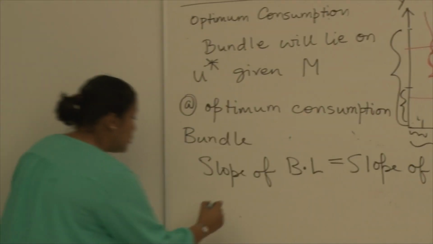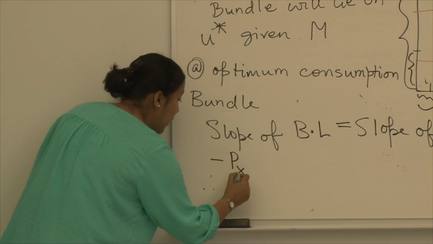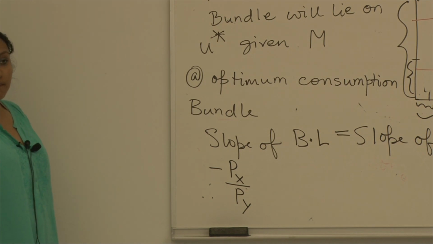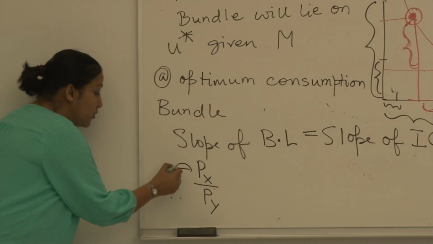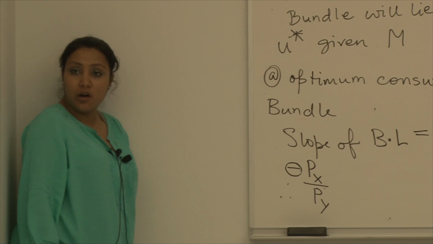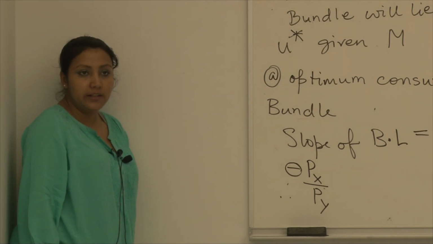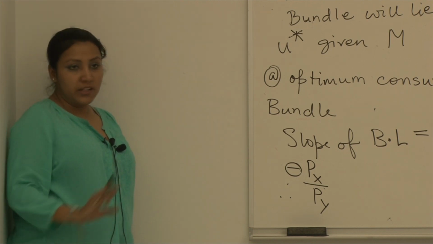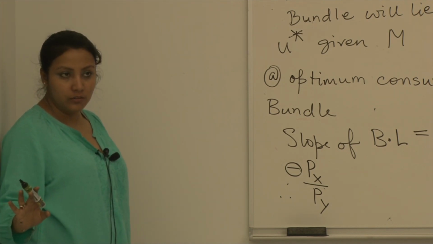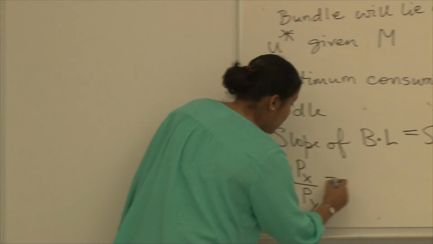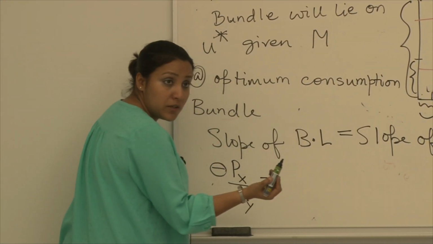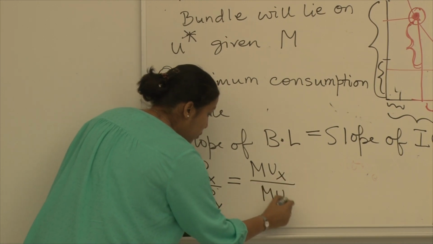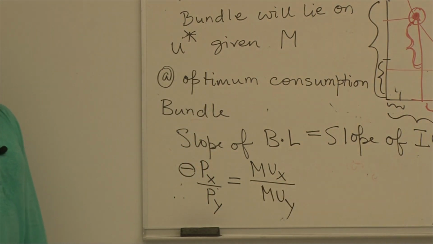Now, I know that the slope of the budget line is the ratio of the prices, so minus Px by Py, where that negative sign is just there because the line is downward sloping, it does not have any other meaning, right. It is equal to the MRS, where MRS is equal to MUx divided by MUy, which is what you just wrote.